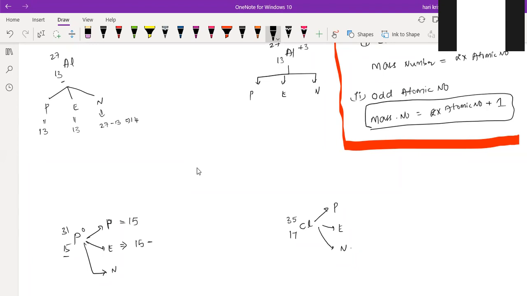So it is 15. Next, number of neutrons means what? Mass number minus atomic number. That means 31 minus 15, that is equal to 16. So these are the proton, electron, and neutron.